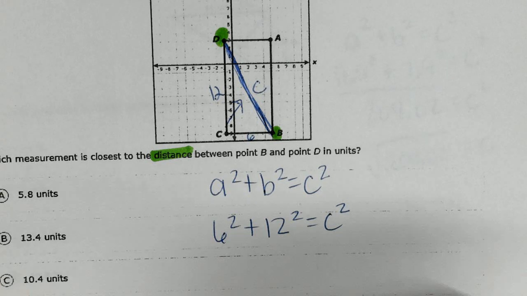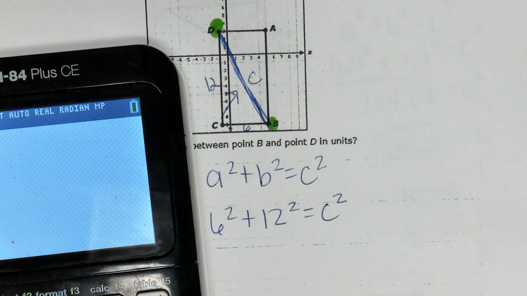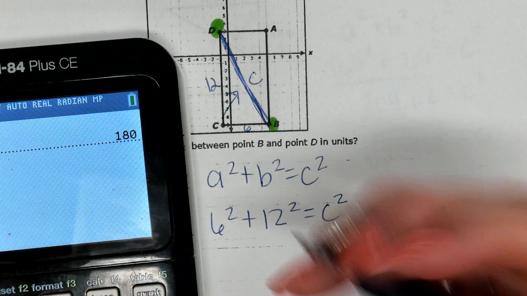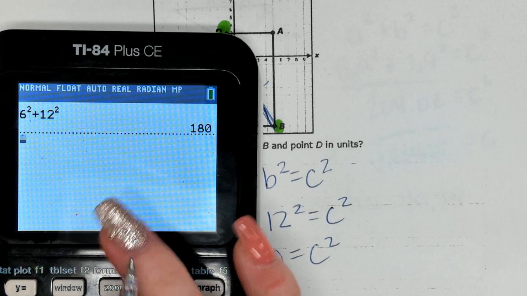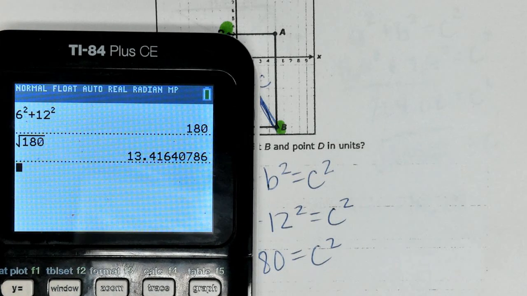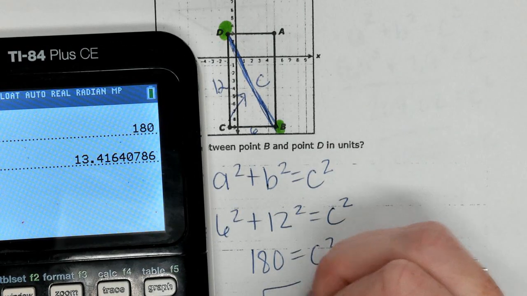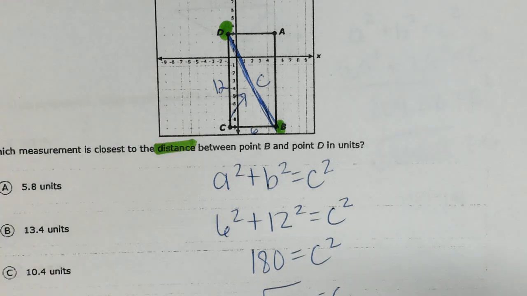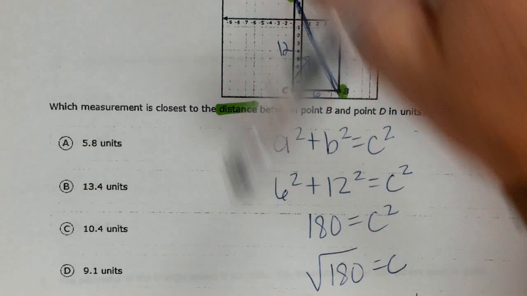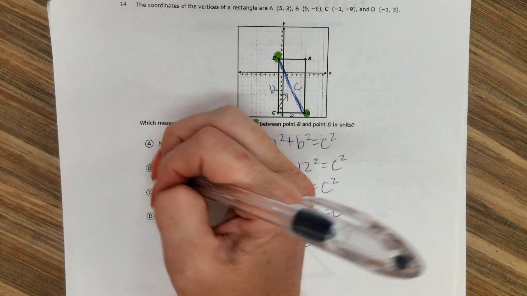I add. So 6 squared plus 12 squared is 180. And what do I do to that answer? So which answer is closest? B.